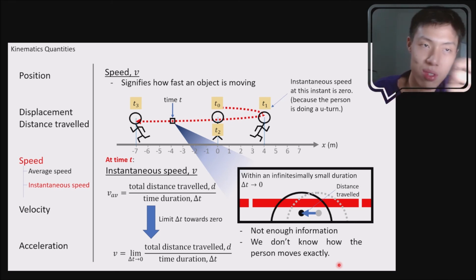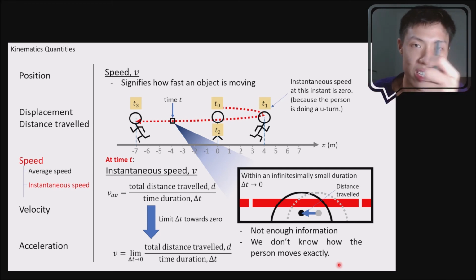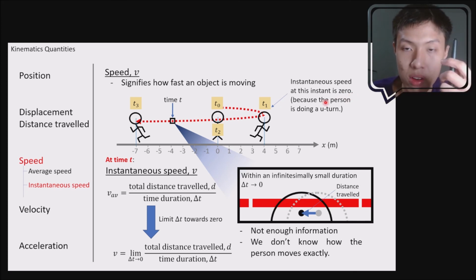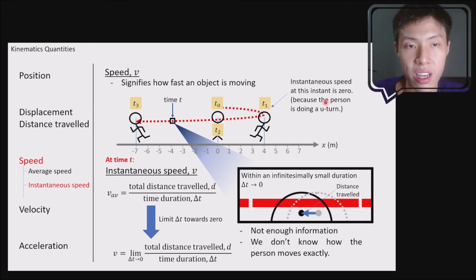And since we define t1 to be the moment that the U-turn is being made, we know that the instantaneous speed at this instant is 0. You must stop for a little while before changing direction. So for the whole journey, we are unable to determine the instantaneous speed at any single moment except for the moment that it makes a U-turn.